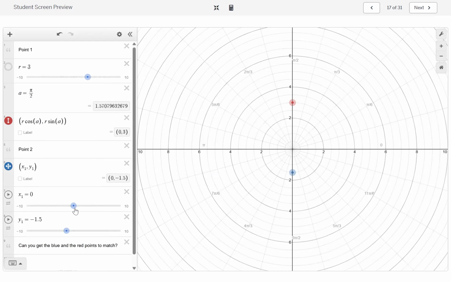So when I change my x, I'm just moving the point horizontally. And then when I change my y, I'm moving it vertically. So I set the x coordinate to 0, the y coordinate to 3, and now my 2 points are lined up.